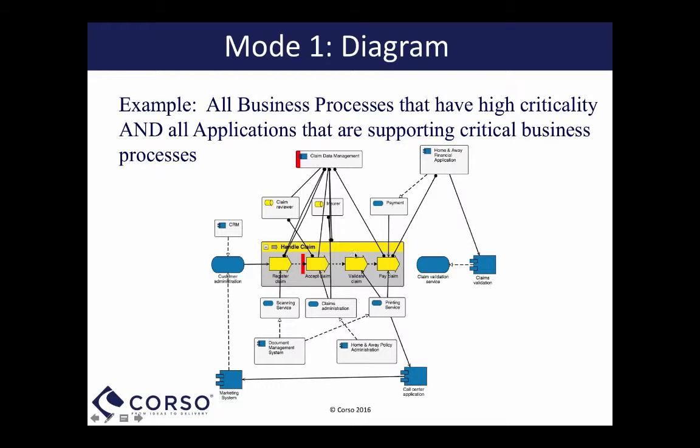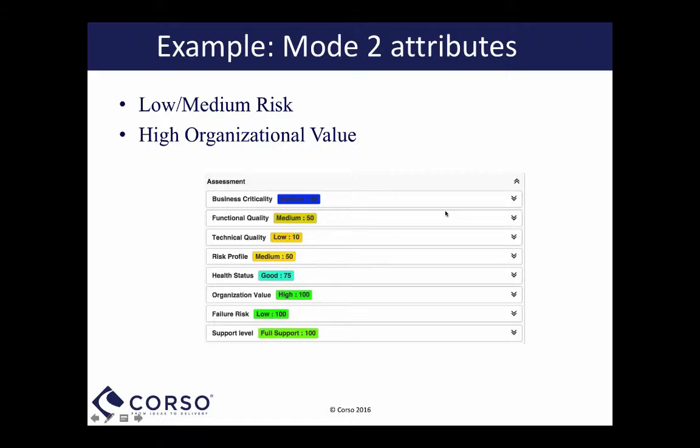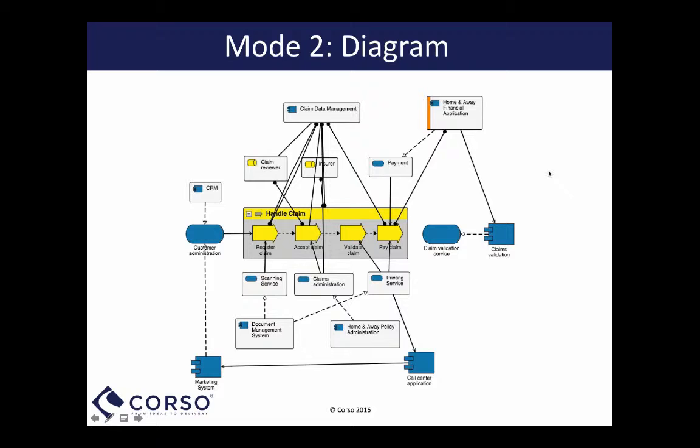So we've highlighted some core elements. Let's take one of our components and look at some of the attributes of Mode 2. So this is low or medium risk, high organizational value. We can pick out those attributes, and from those attributes we can start to distinguish which of our elements are Mode 2.